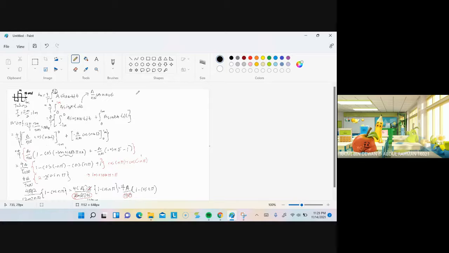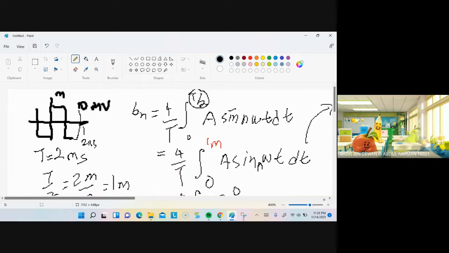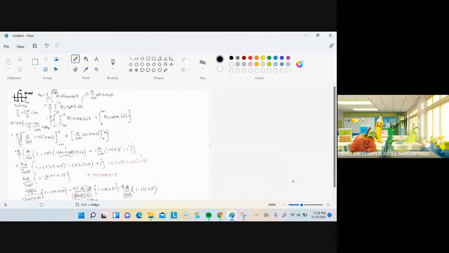I continue here. Sorry for the mess. Okay, so now you have your bn, which you put inside, looks like this. You have option 0, and you have option 4a over pi n.